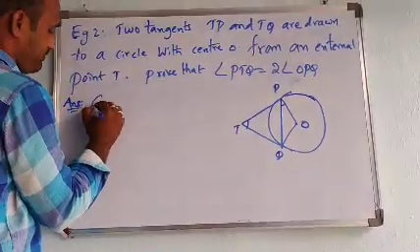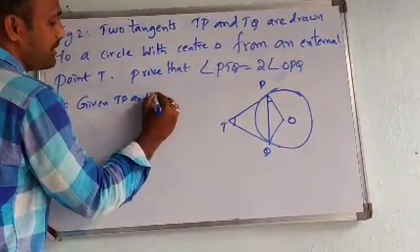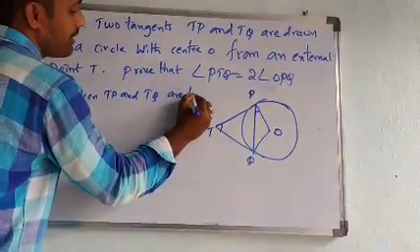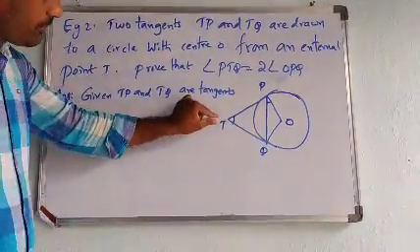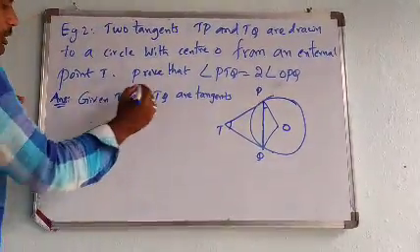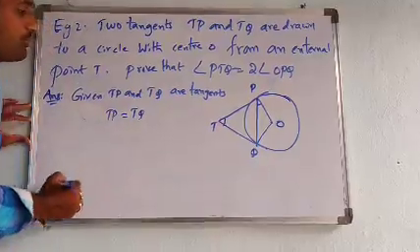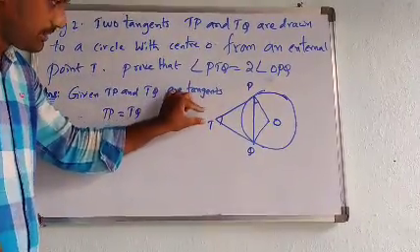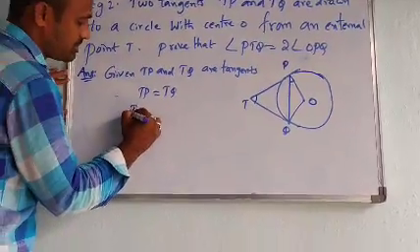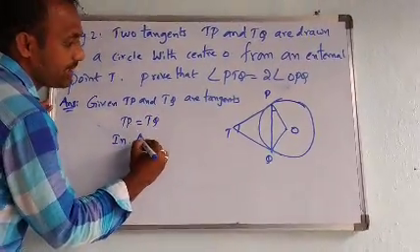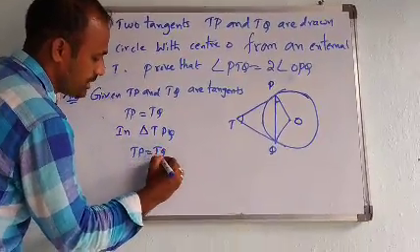Given TP and TQ are the tangents. If we draw two tangents from an external point, then they are automatically equal, as we have learned. So TP is equal to TQ. Why? Because we have a theorem that two tangents drawn from an external point are equal. So in triangle TPQ, TP is equal to TQ.